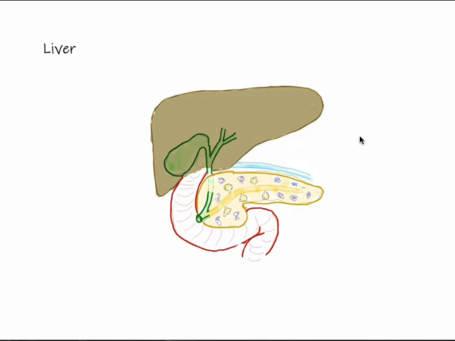Now, the liver is a pretty amazing organ. It has multiple functions, and we'll list out some of those here and try to divide them into various classes of functions that it performs. So first, it performs what we call a glucose buffer function.